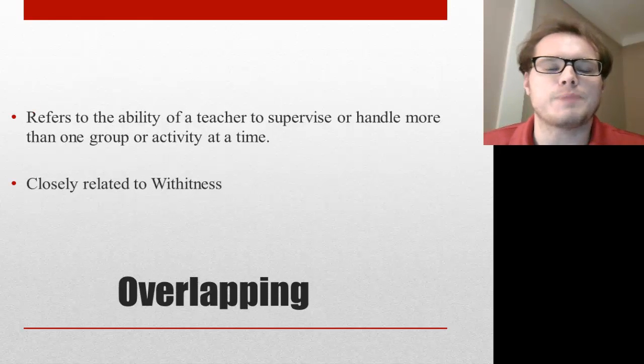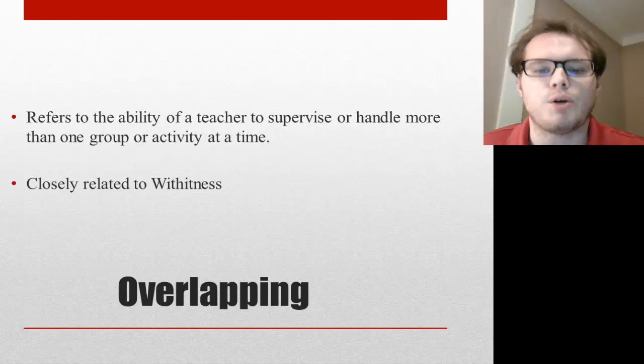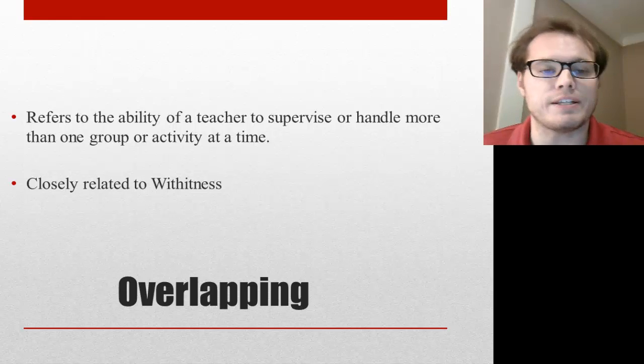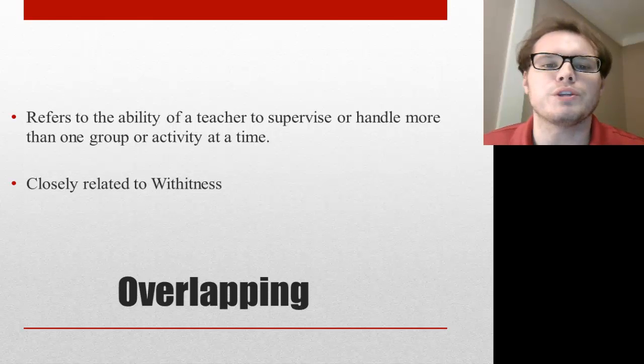The next aspect of Kounin's theory is overlapping, and overlapping is very closely connected with with-itness. It has to do with the ability of a teacher to supervise or handle more than one group or activity at a time.